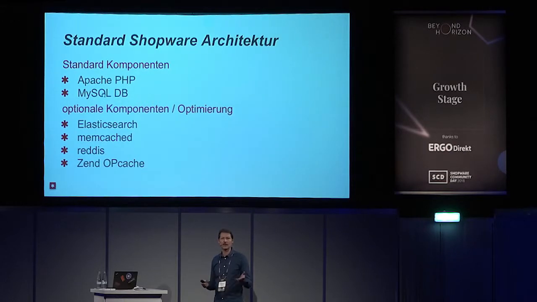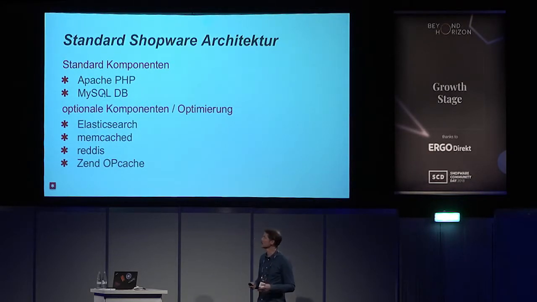I'd like to show you the standard Shopware architecture. Many of you are familiar with that. So apart from Apache, we also have Nginx. Of course, we use PHP. And then we have a MySQL database. You can use other versions, but that's a standard that I will use for this example.